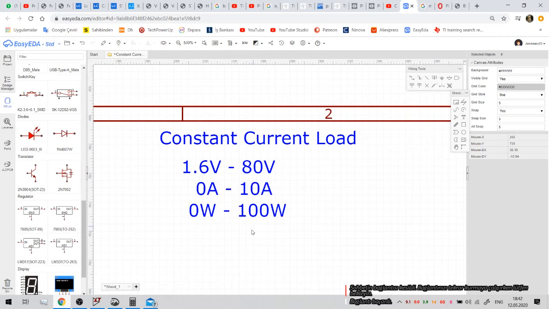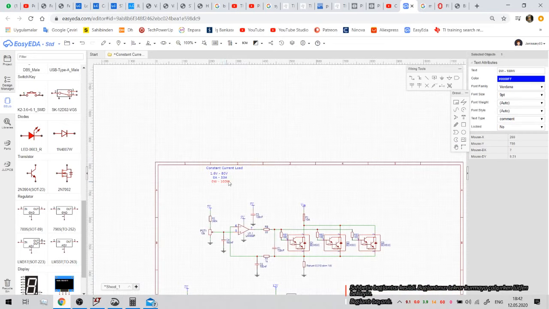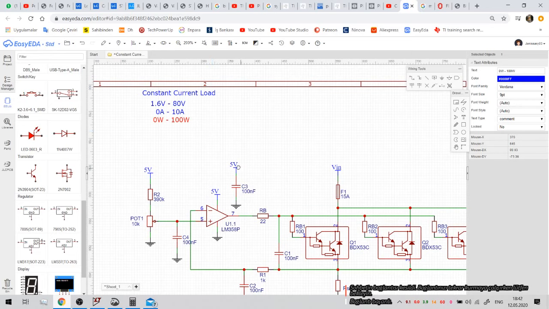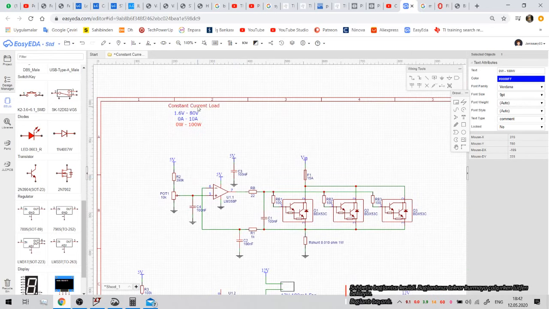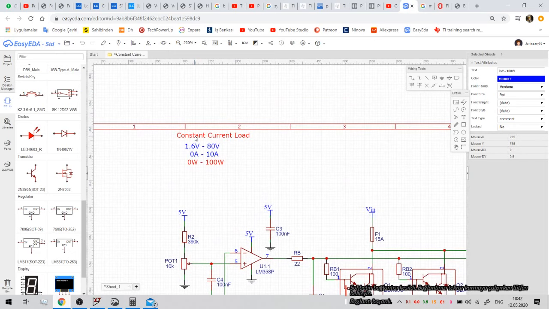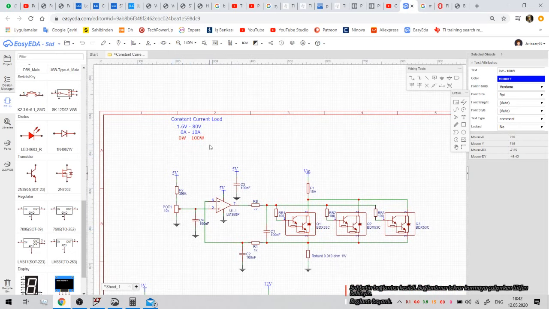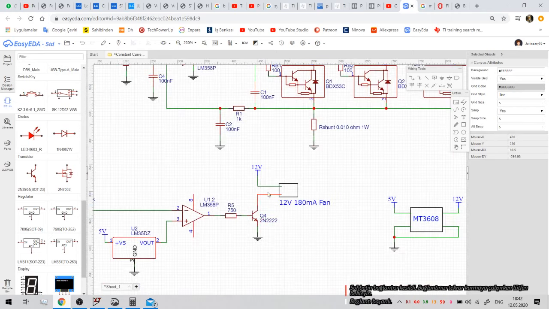We cannot exceed 100 watt. But this 100 watt can also be lower, because it is very dependent on heatsink performance, fan performance.